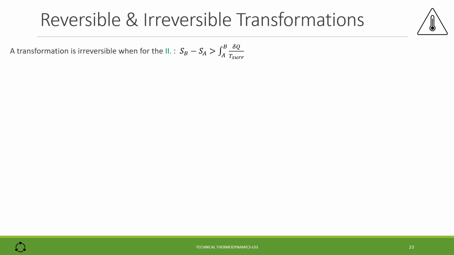Let's conclude this lesson with some considerations about irreversible and reversible transformations. A transformation is irreversible when the Clausius statement of the second thermodynamic principle is valid: the difference of the entropies of the states A and B is greater than the integral between the same states of dq over the temperature of the surroundings.